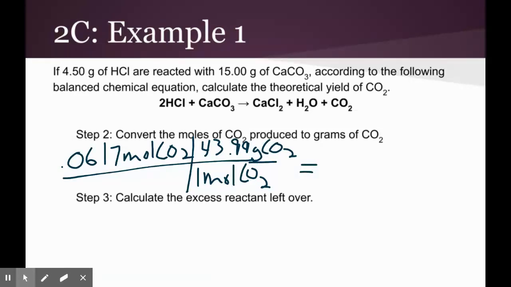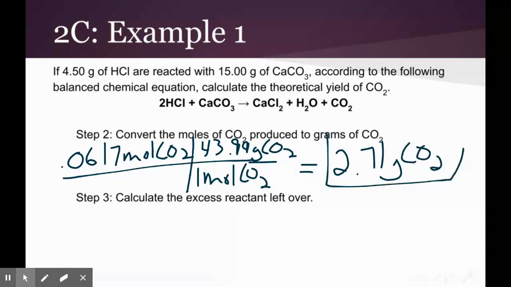So when you calculate that, your answer is 2.71 grams of CO2. So that is our theoretical yield. If we start off with 4.5 grams of HCl and 15 grams of CaCO3, we should be able to produce 2.71 grams of CO2.